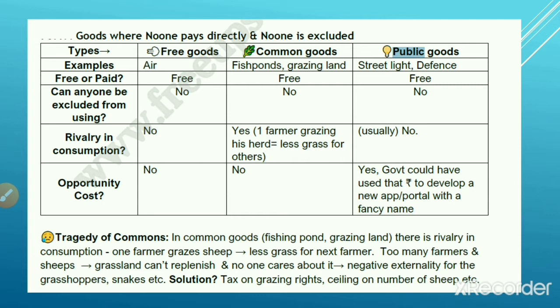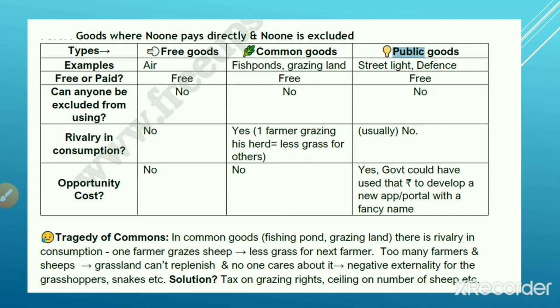So one should remember these parameters. It should be free; whether anyone can be excluded, no; rivalry in consumption, no; opportunity cost, no. So no, no, no and free, that means our good is a free good. Now these parameters can be applied to any product.